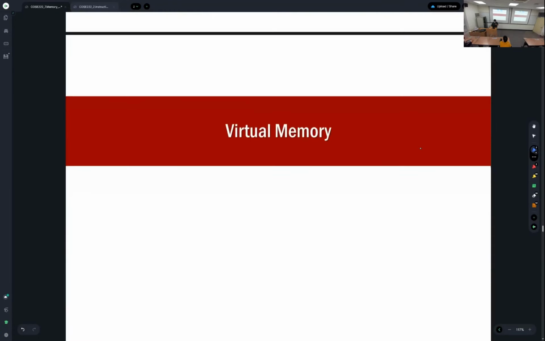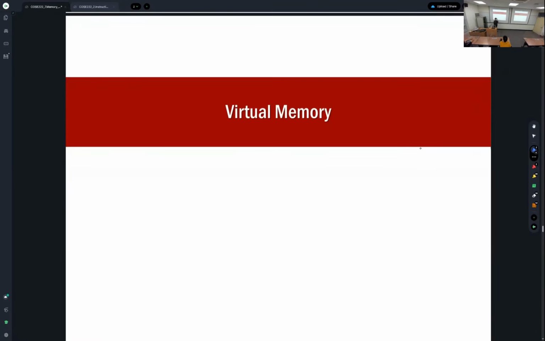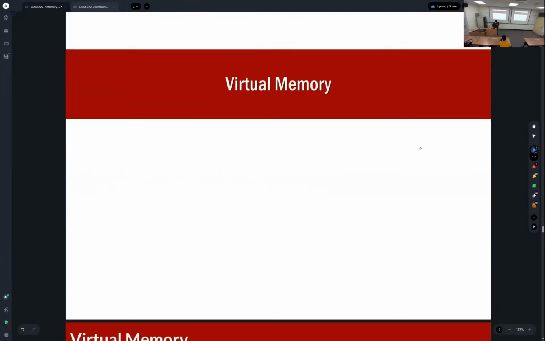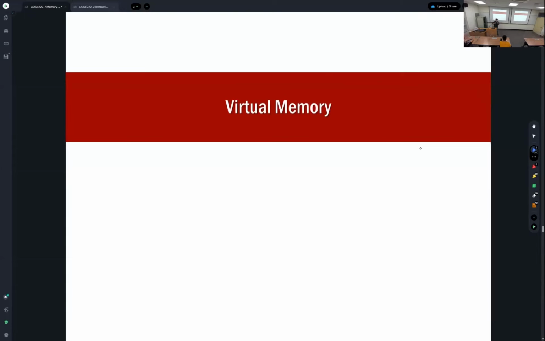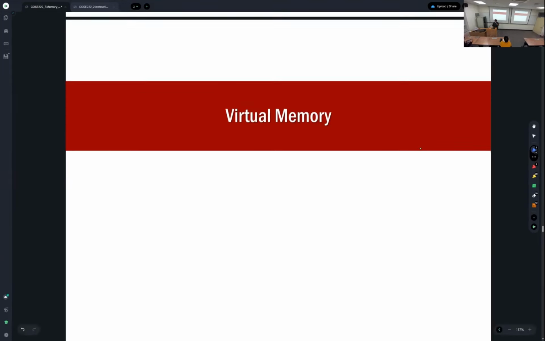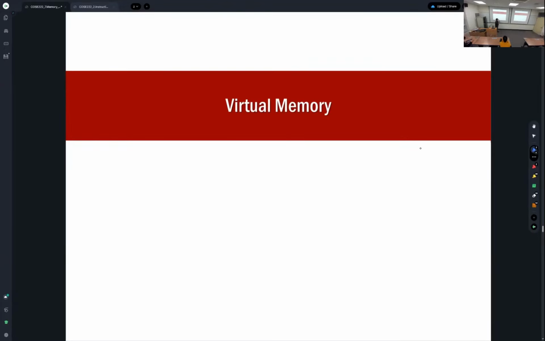Now we will learn about virtual memory. As I mentioned, the cache hierarchy is part of the memory hierarchy. We learned that the cache is very critical for the performance of the CPU, right? And there are different kinds of cache configuration. That's what we learned about the cache, and now we will learn about virtual memory.